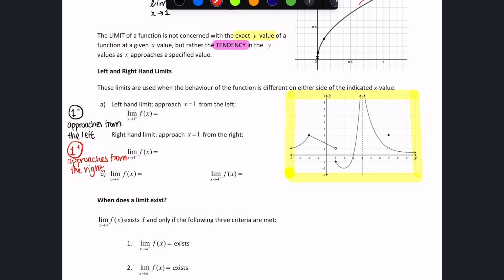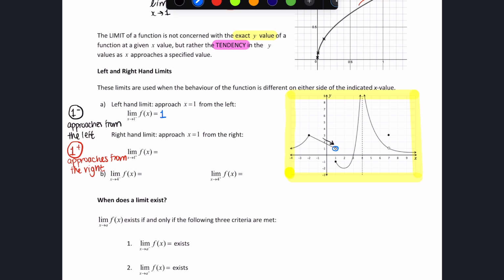So let's look at this. Limit as x approaches 1 negative of f of x. If we go from x is equal to 1 and approach it from the left side, we see that we would get a value of positive 1. So we see right here, this value of positive 1.